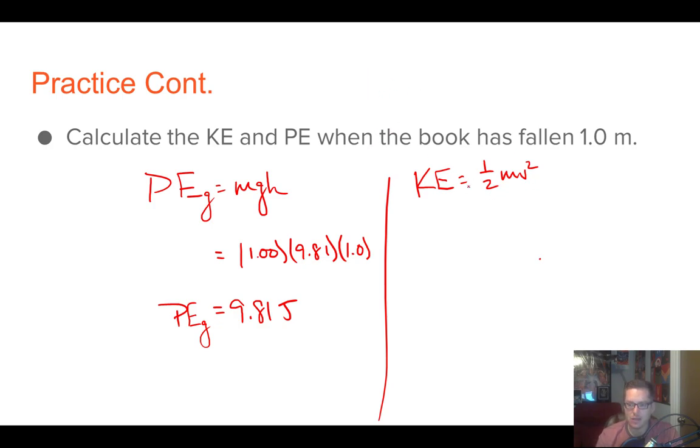We could use kinematic equations to find that velocity. Initial velocity would be 0, final velocity would be what we're trying to solve for, and delta y would be 1.0. Yeah, we could do that. Or we know from the first part that the change in work is equal to, no, this isn't going to work. We're just going to have to do it the kinematic way.